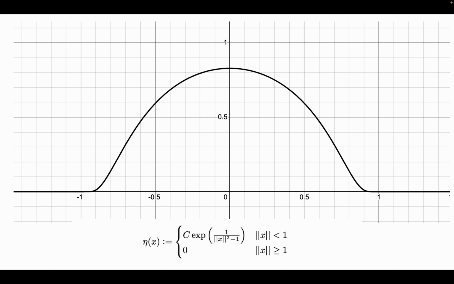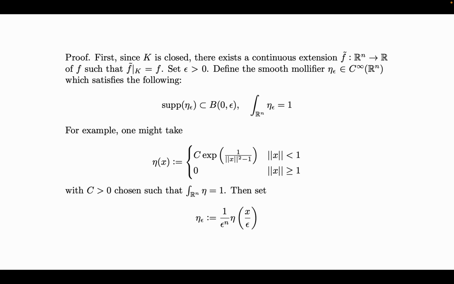So in a neighborhood of 1, because the derivatives of all orders are 0, the unique analytic function would have to be the 0 function. And since eta is not 0 anywhere inside of this interval, it is not analytic at those points. However, it is smooth and the derivatives do exist to all orders.